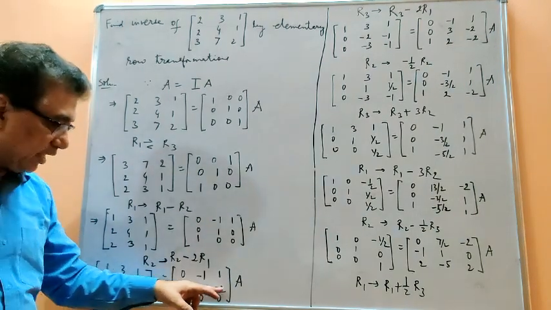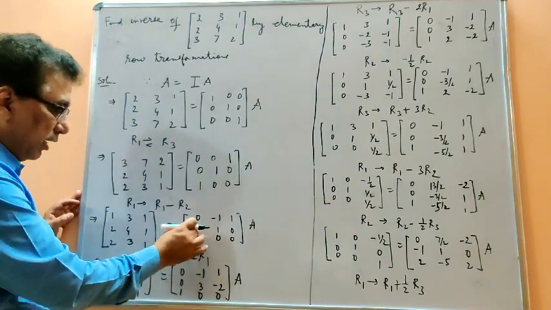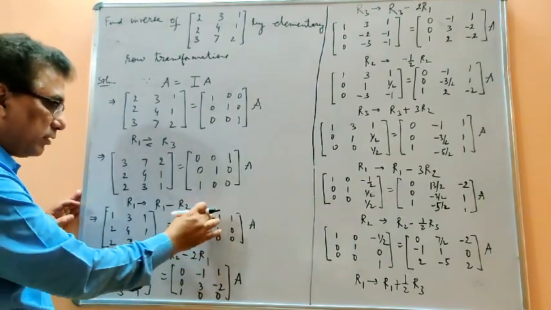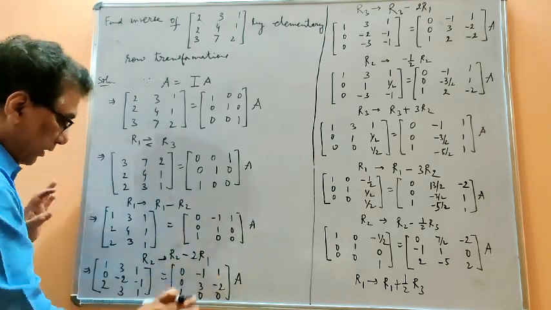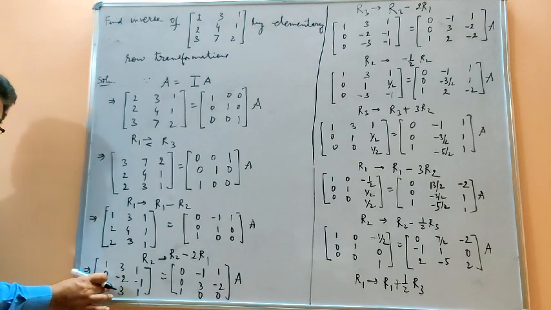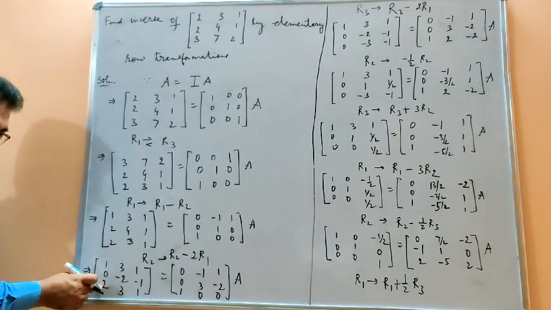The same operation I have done. So R2 minus 2R1 has given you 0 here, 3 here, and minus 2 here. Now the next step in the algorithm says that using A11 you have to make this element 0.